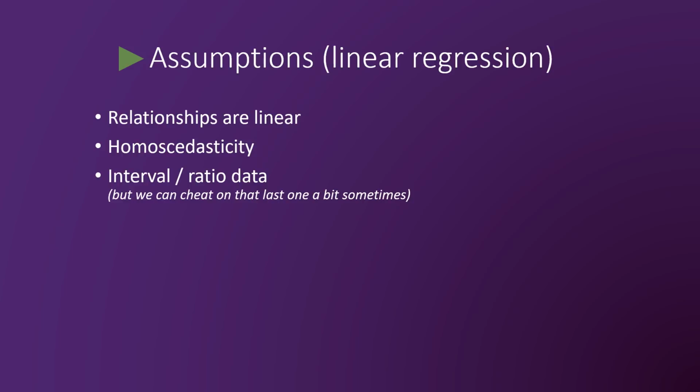But as you see in the lab session, we can cheat on that a little bit sometimes, depending on your field. I'm not advocating this necessarily, but this is where we can have a discussion about whether we think that's valid or not. It depends on whether we think certain variables are in fact measured as a scale or as an ordinal variable. For example, this could apply to political orientation.